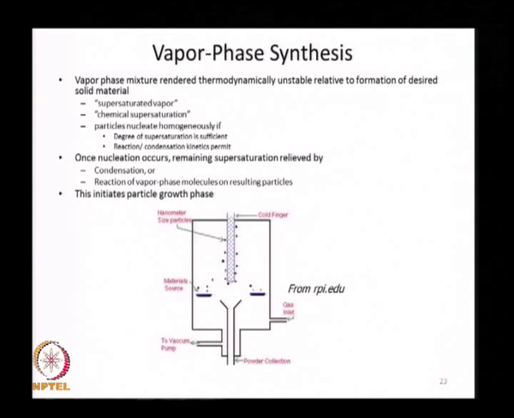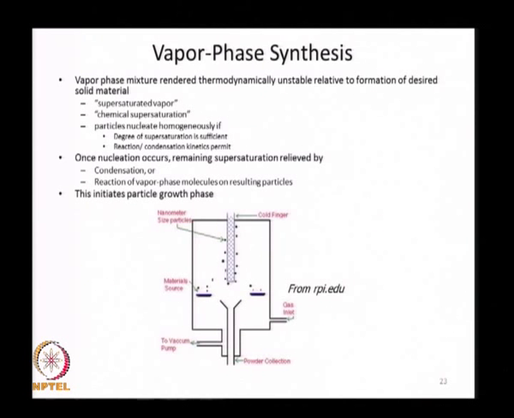Vapor phase synthesis, on the other hand, is one where you essentially saturate the vapor phase with the nanomaterial that you are trying to synthesize, and then you actually make it thermodynamically unstable and leading to the formation of the desired material.